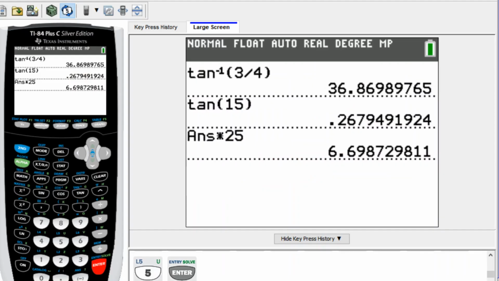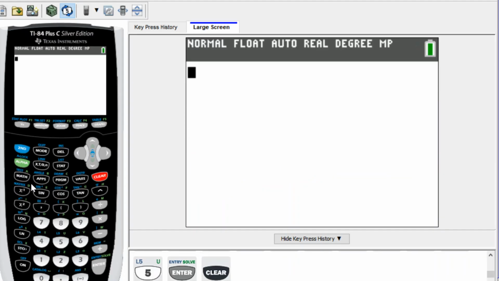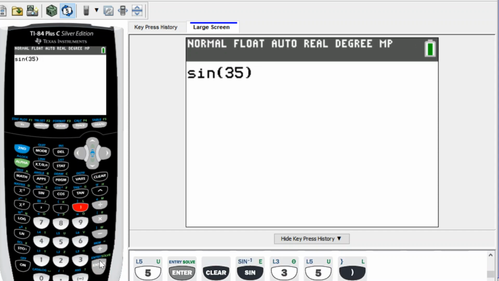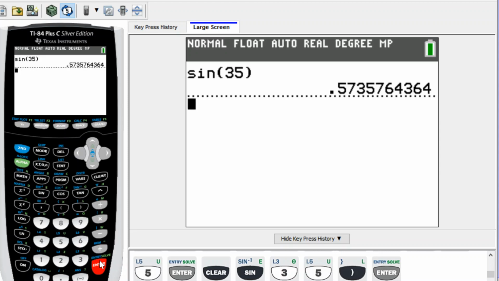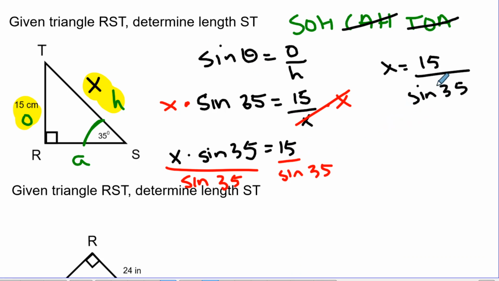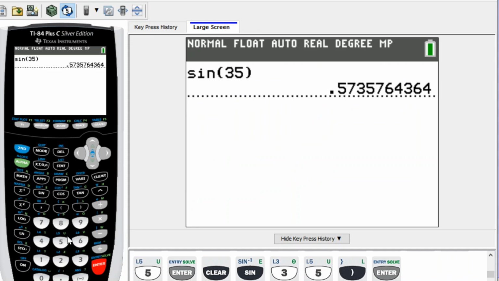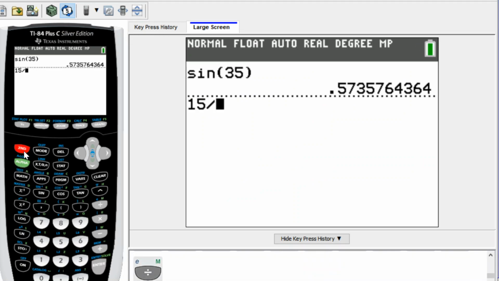So if I pull up a calculator, let's say sine 35. And again, that's just telling me the ratio at a 35-degree angle. But I have some information. I know that I'm actually doing 15 divided by sine 35. I'm going to do 15 divided by my answer. I can hit second answer, or you can type that sine 35 in on the bottom.